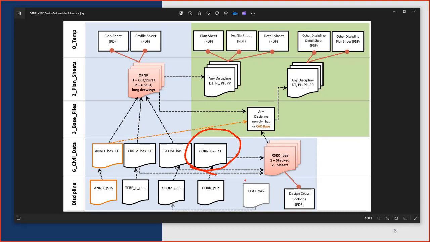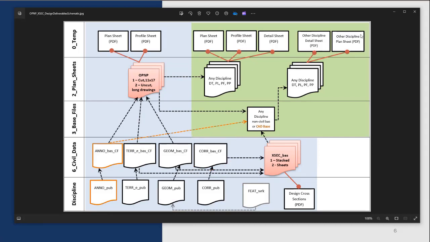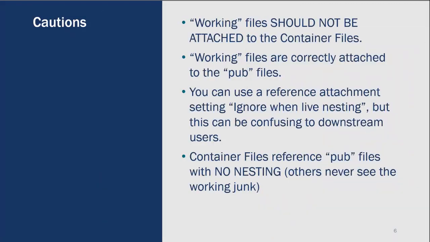They can't see it. And that gets confusing. They go, I see the connection in ProjectWise in the dependency viewer, but I'm not seeing the data. So, it's because it was set up to not be seen. Well, just don't make the reference attachment, basically, is what I'm suggesting here. So those are the few cautions.